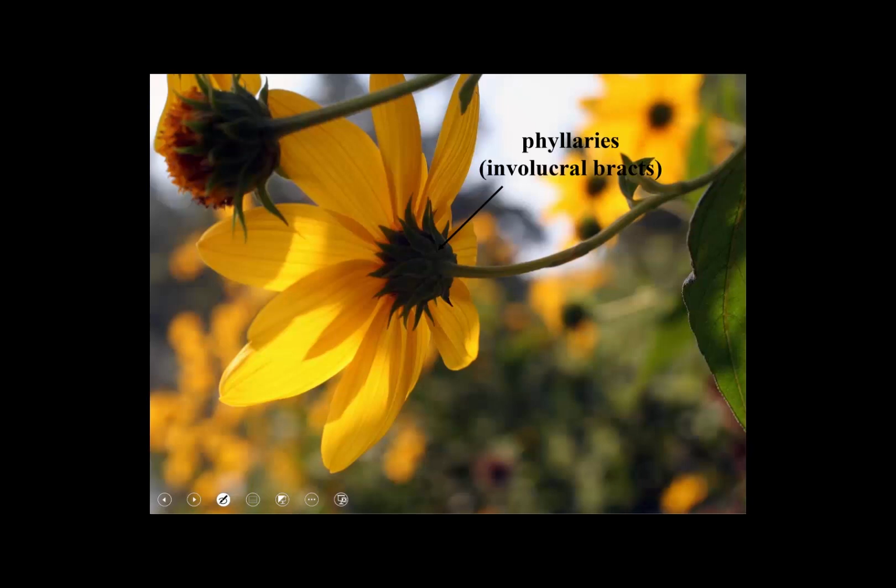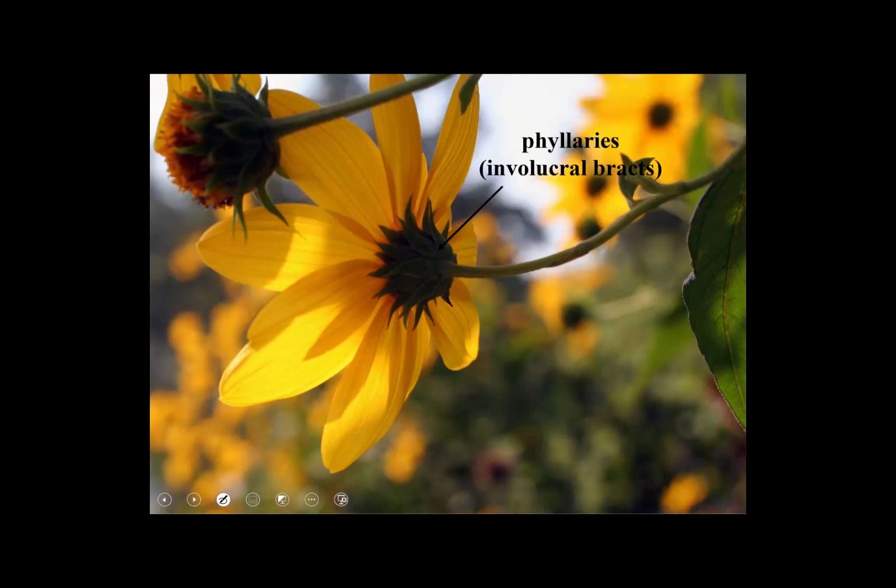On the undersurface of the inflorescence, remember, a cluster of flowers is an inflorescence, and when there's a lot of flowers together, they're often subtended by leafy appendages called bracts. Involucral bracts that form like a rosette just beneath the flowers. We saw this in the Apiaceae, like Queen Anne's lace has really feathery involucral bracts.